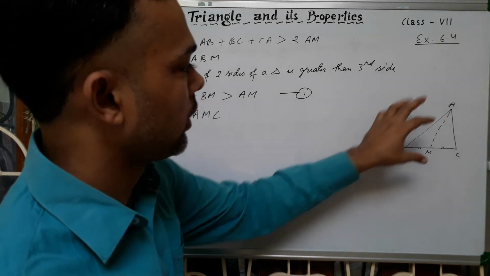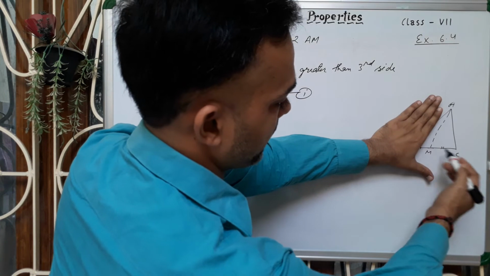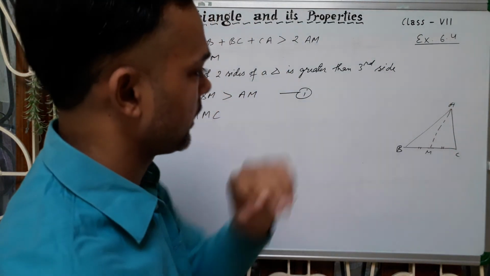If you take this triangle, then AC plus CM will be greater than AM.